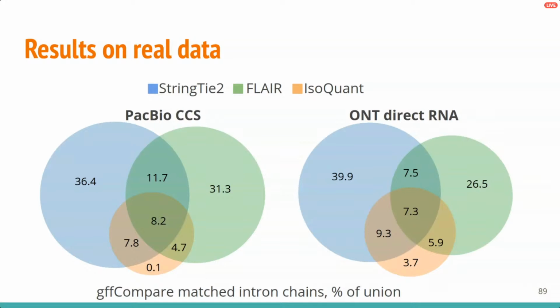And again, as a positive point for us, we see that for PacBio data we generate only 0.1% transcripts which are not supported by other tools, and a bit higher number for nanopore data, 3.7%. Still, it's a much smaller number than transcripts supported by other tools.